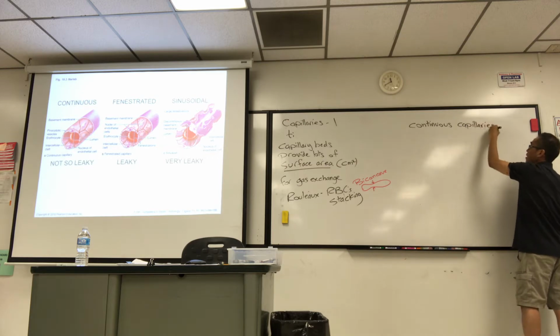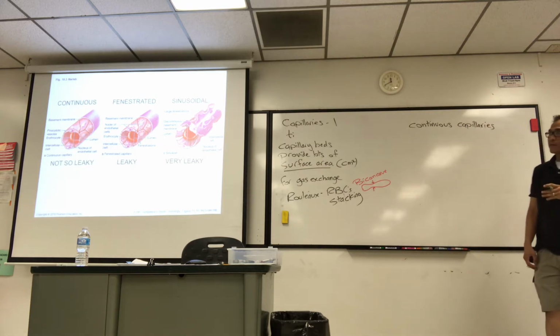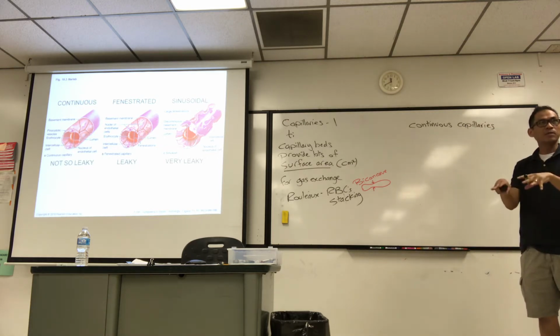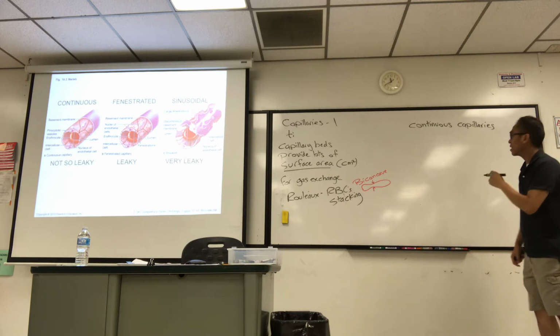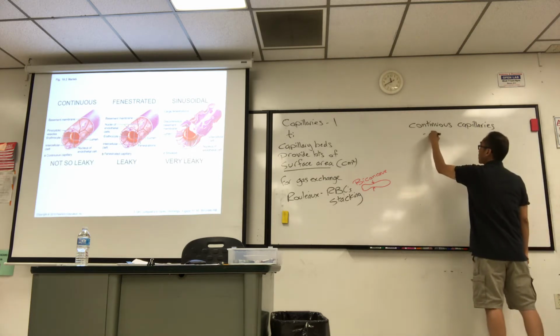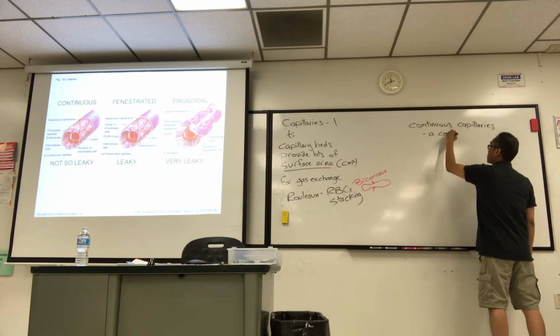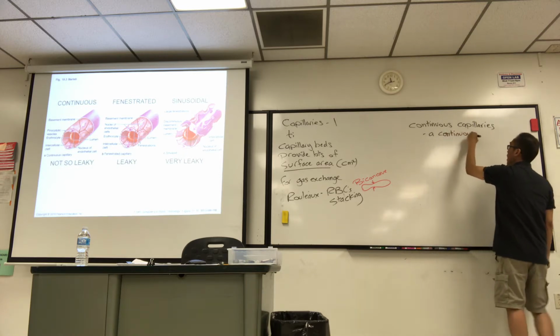Continuous capillaries, the endothelium is more or less continuous. There's not a lot of gaps and spaces in between cells. So they limit the exchange. They're not so leaky. A continuous endothelium.